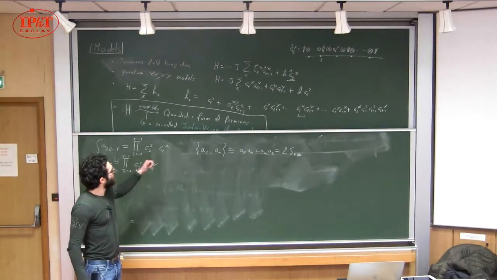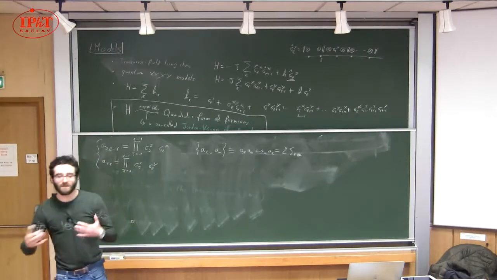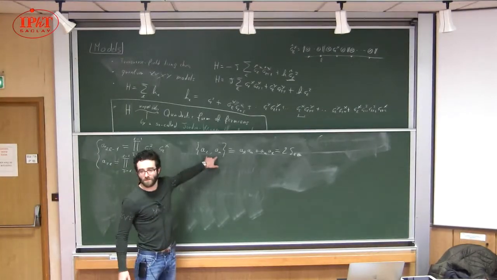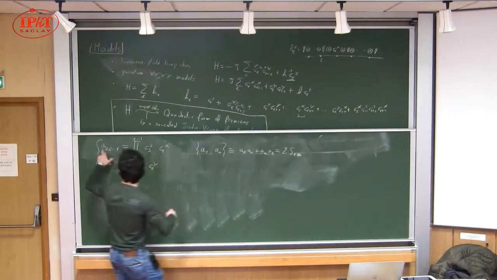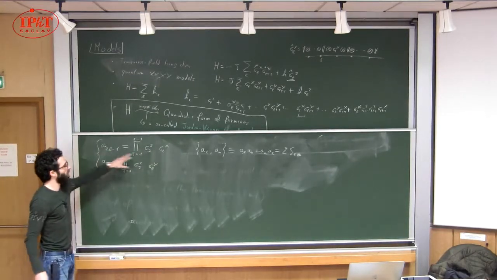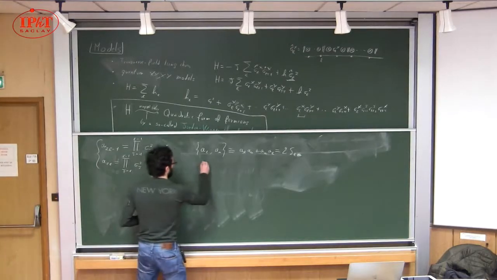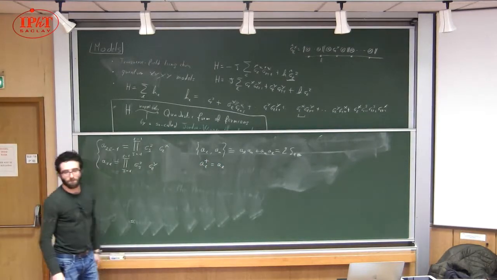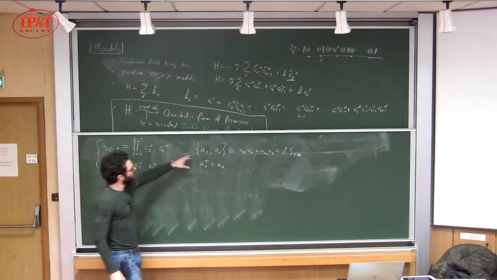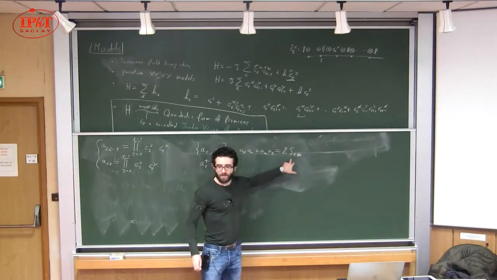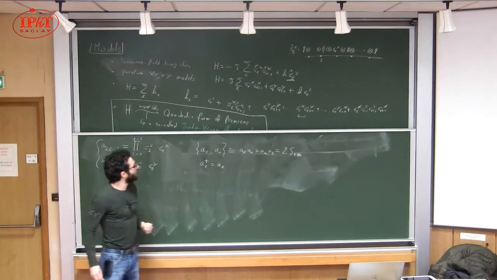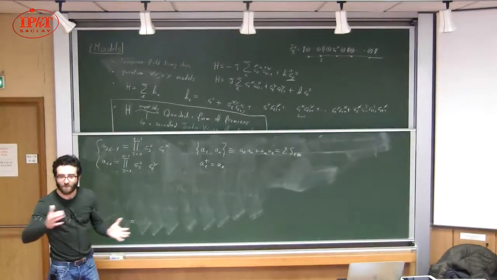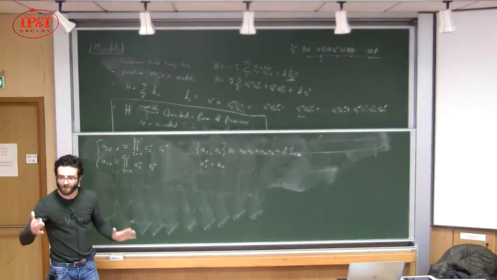So if you are familiar with second quantization, you can recognize that this satisfies the algebra of Majorana fermions. By the way, these are Hermitian operators, so A_l dagger is equal to A_l. So this is the algebra of spinless Majorana fermions. How are they connected with the usual fermions that you know?